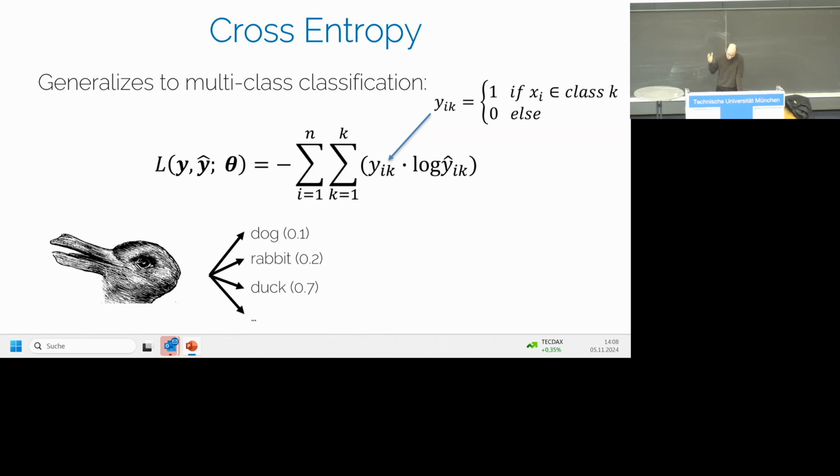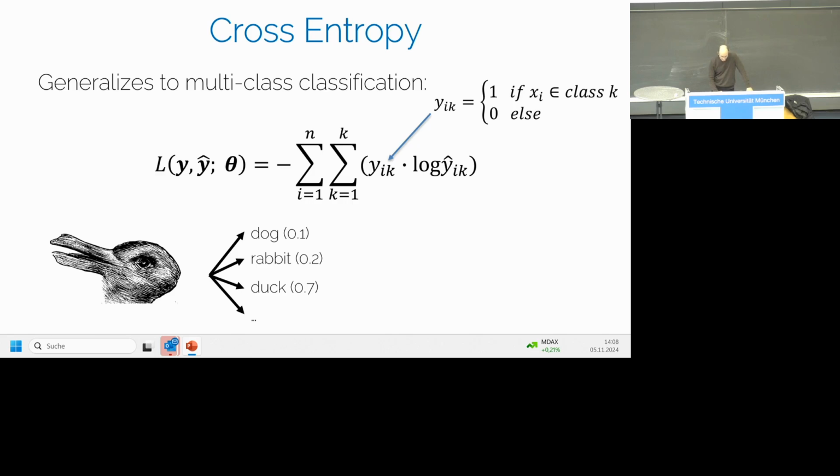So it's the same as what we had with yi before, that was 0 or 1. Now we have yik and y hat ik, and we sum over all the classes from 1 to some large K. So this is small k, I guess this should be large K, the number of classes that we consider here. And you can see it's very much the same, and the assumption is that every element can be in exactly one class.